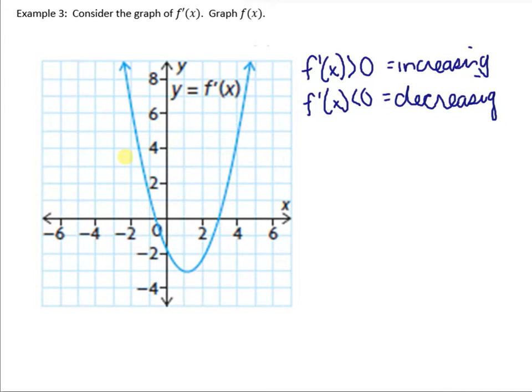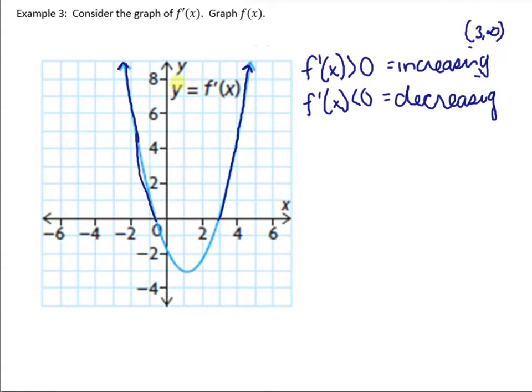In other words, from this point all the way to this point, f prime at x is greater than 0. So we're going to have an increase here, and also between 3 and infinity.